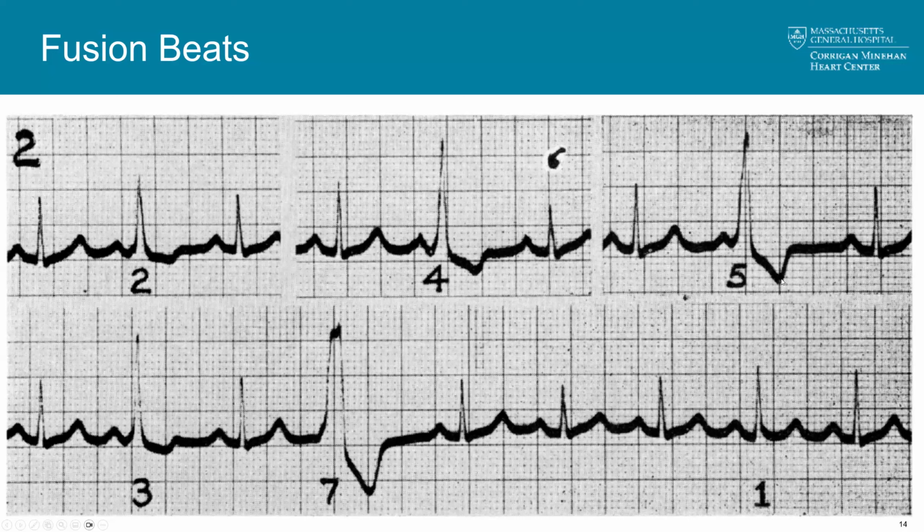Then going to 5, you see a wide QRS complex with that same ST segment depression and the inverted T wave, but you see how the beat is a little bit narrower. It's maybe just slightly less notched, and you see how its appearance is just one step closer to that of the flanking sinus beats.